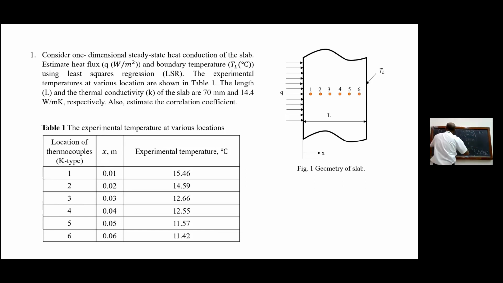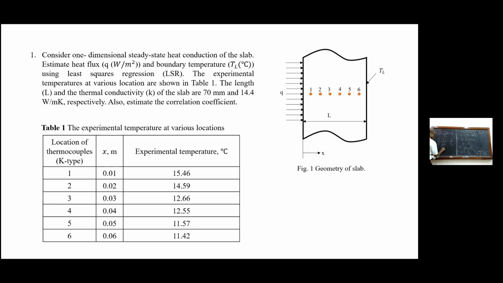Now, if you substitute, T = (T2 - T1) into x by L + T1. Therefore, (T - T1) by (T2 - T1) = x by L. Temperature is linear.